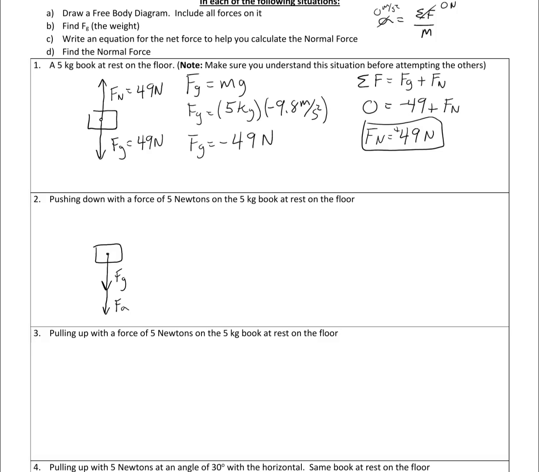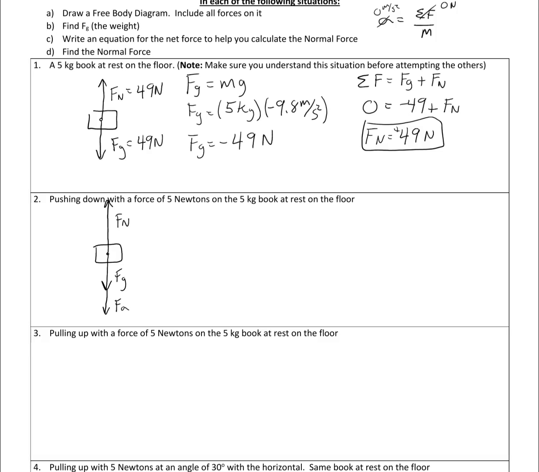Now you have to ask yourself, am I pushing the book through the floor? You have to assume that you don't because it doesn't say that you're the Hulk. So you're not accelerating the book downward, which means that the net force is still 0, which means that the forces are balanced. So the normal force has to be equal to the sum of these two forces in order for the forces to be balanced.